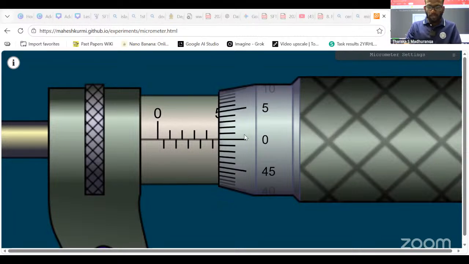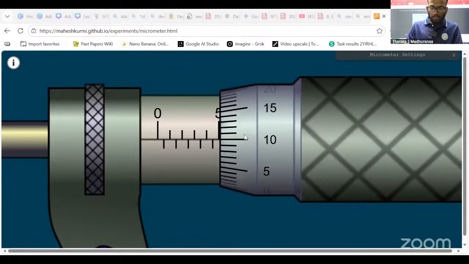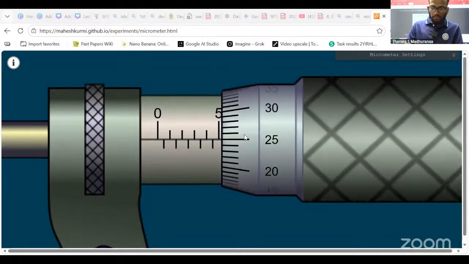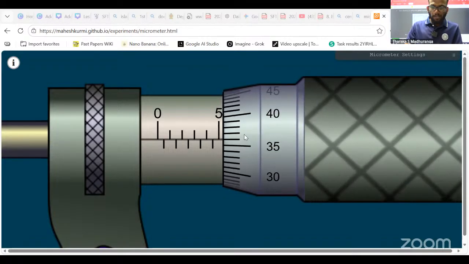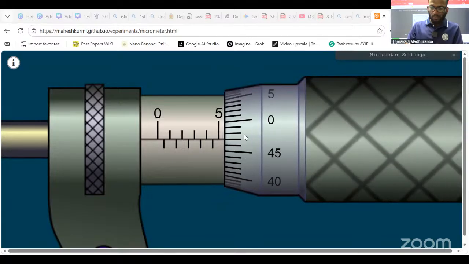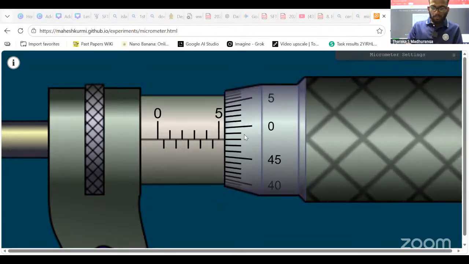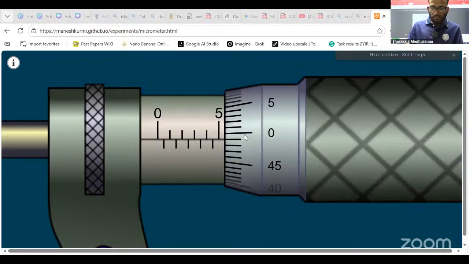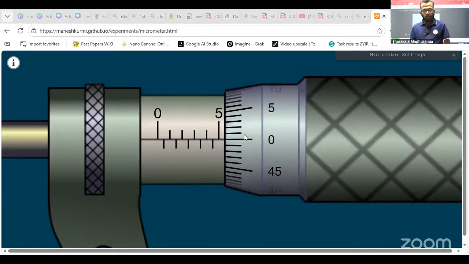Okay, if I rotate this circular scale one complete revolution, rotate and again come to the 0 coincide, now what is the linear scale value?